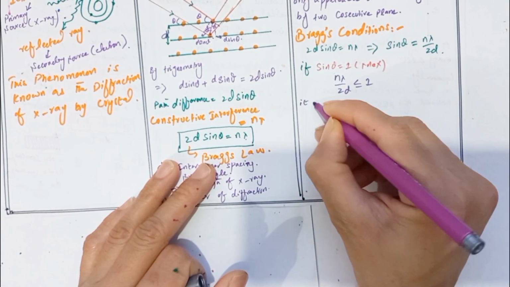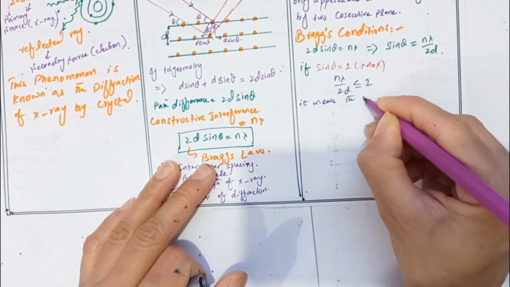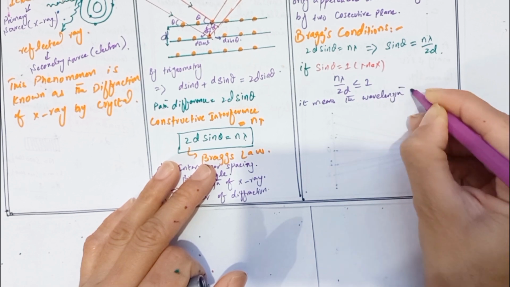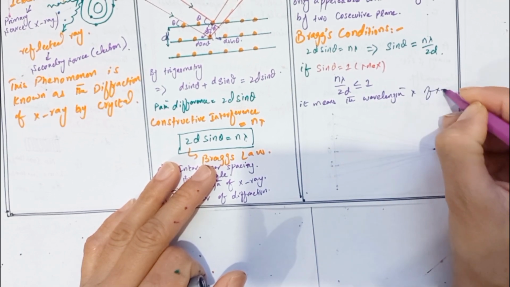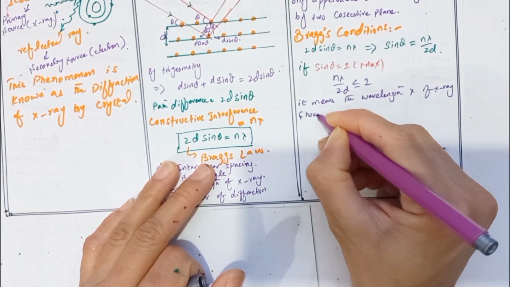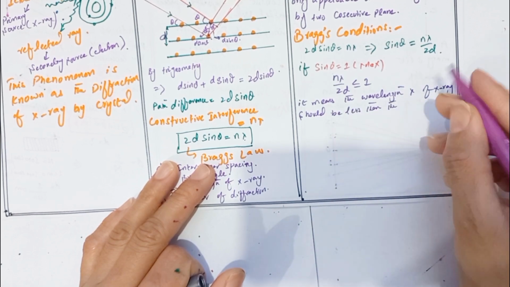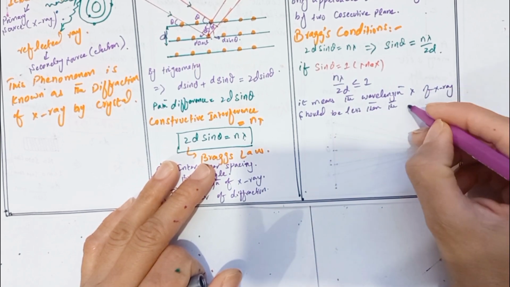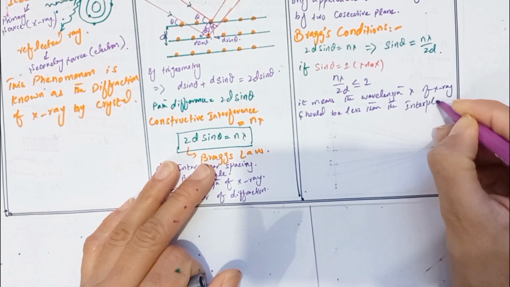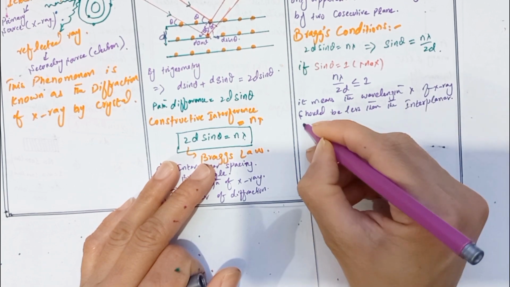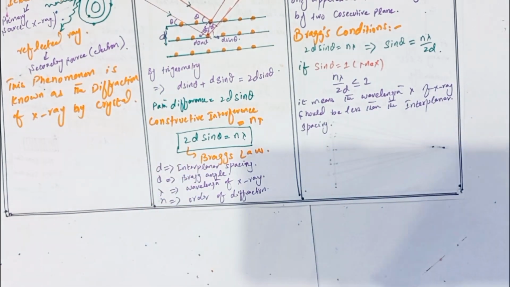It means the wavelength lambda of X-ray should be less than the interplanar spacing.